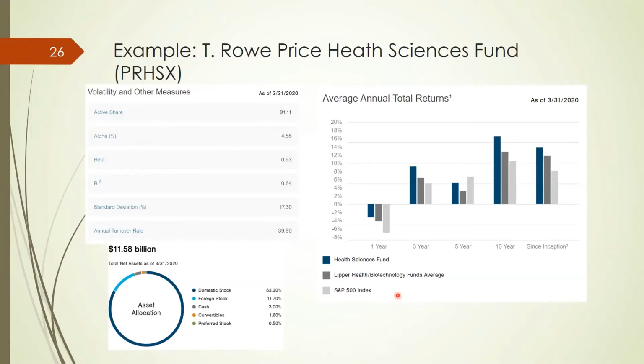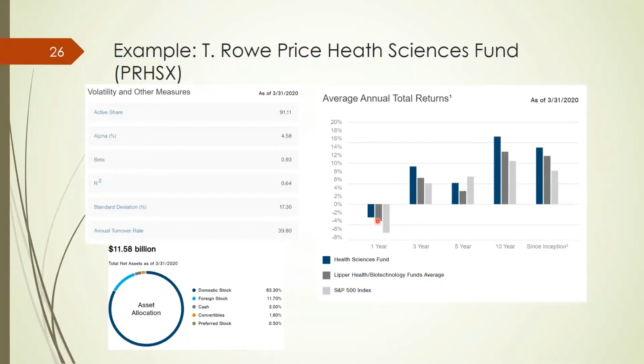The benchmark portfolio includes two: one is the Lipper Health Biotech Funds average return, and the other is the S&P 500 index. You can see that the fund invests in different securities because it invests not only in domestic securities but also foreign stocks, convertibles, and preferred stocks.